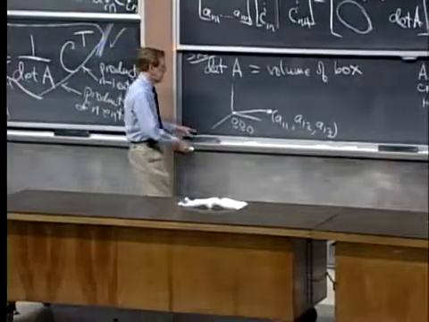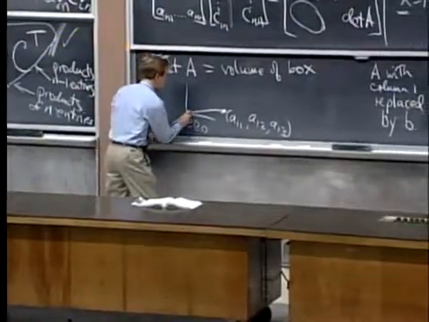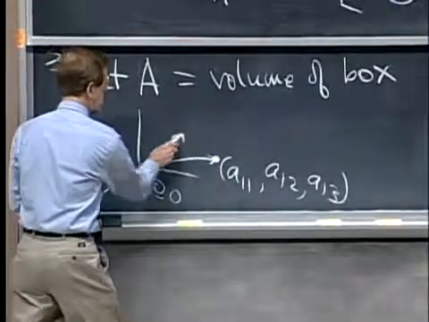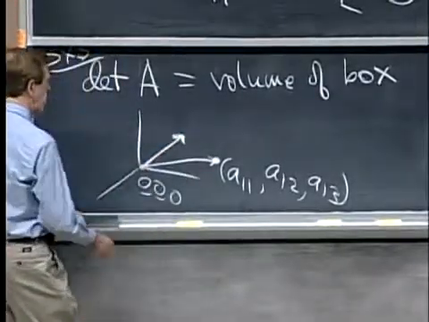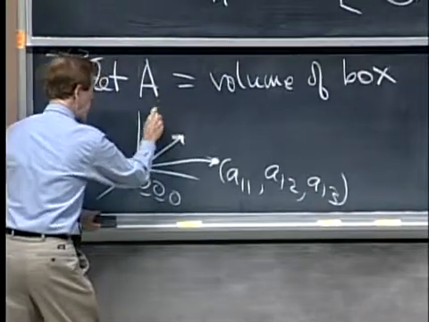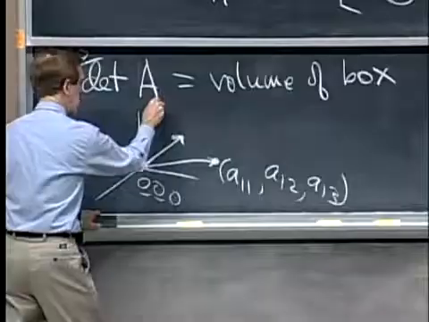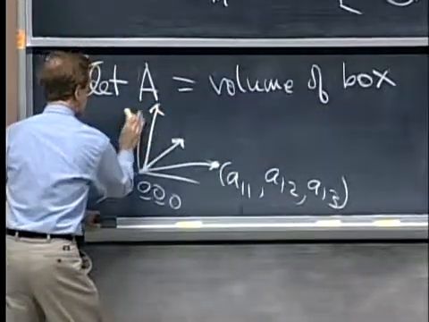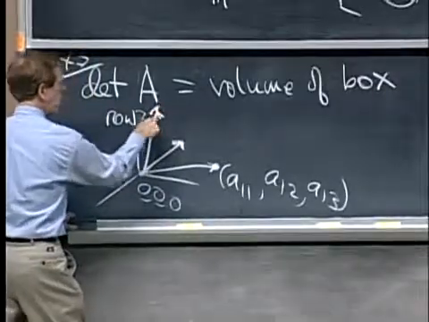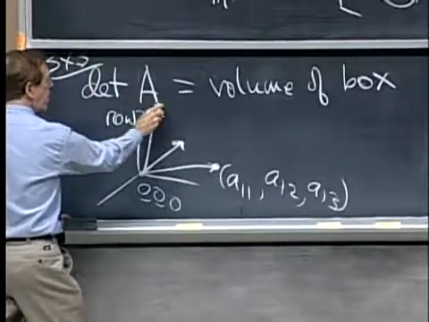Another edge of the box is given by the second row of the matrix, row 2. And a third edge of the box will be given by row 3. So there's row 3. What are the coordinates of that corner of the box?